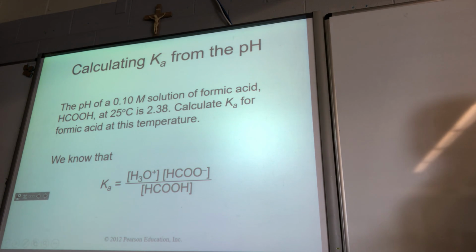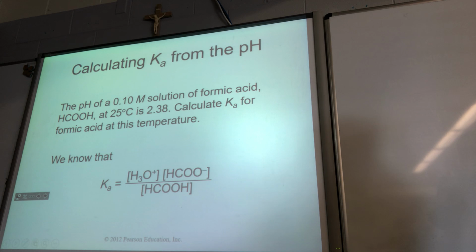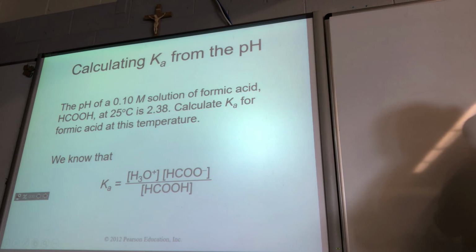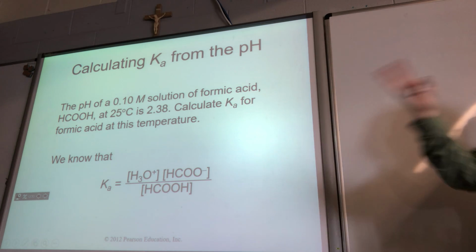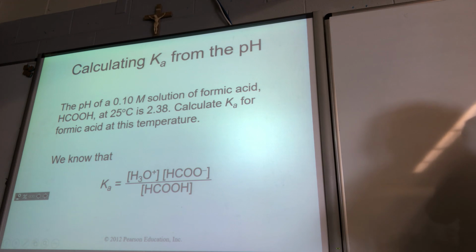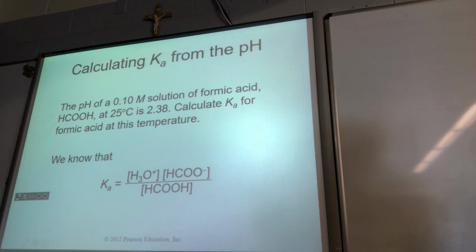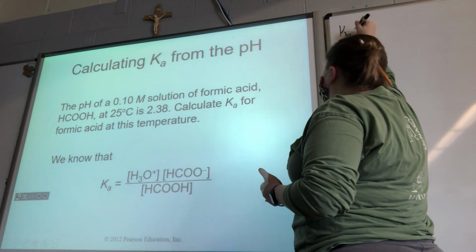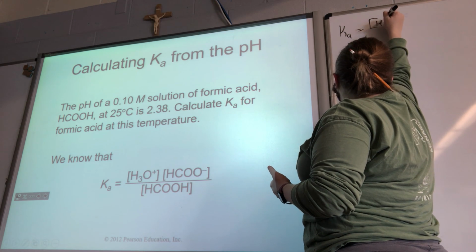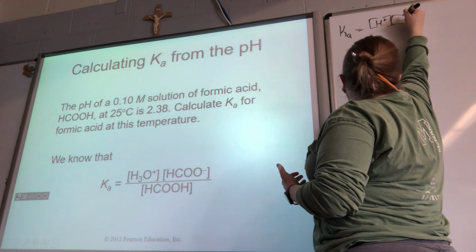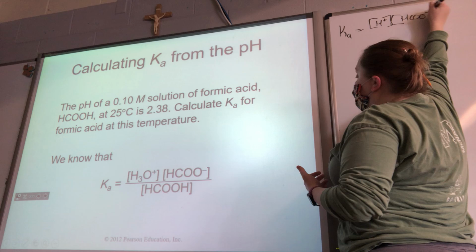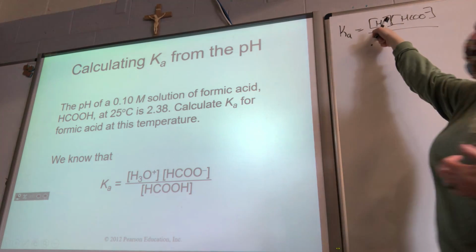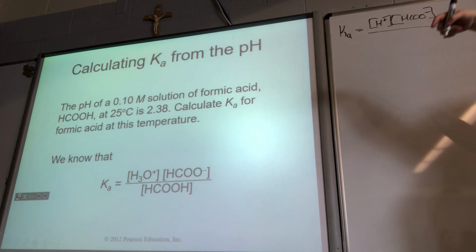So what's the first thing you should always do with our equilibrium expressions or our equilibrium reactions? Right, we want to get what we know written down. We want to make sure we start with an equilibrium expression. We were given that in this particular case. And I'm going to start doing the thing that I want you guys to be used to, which is switching out the hydronium ion with H+.